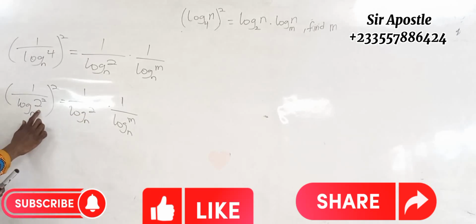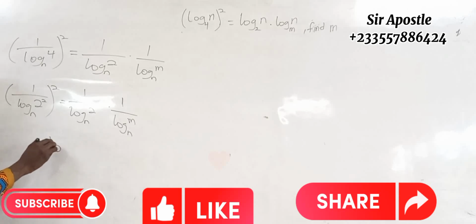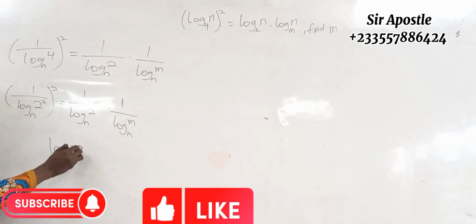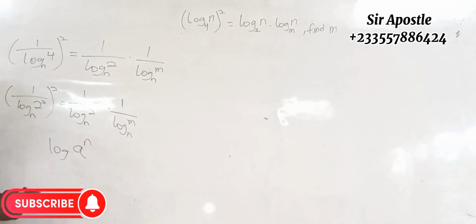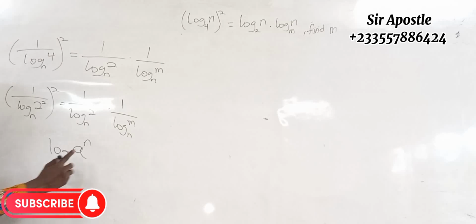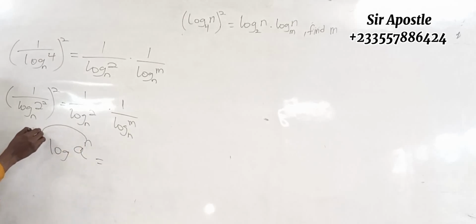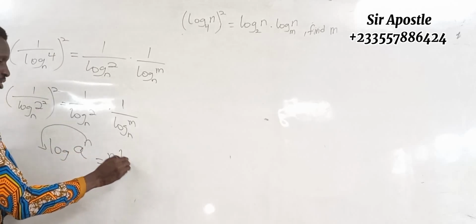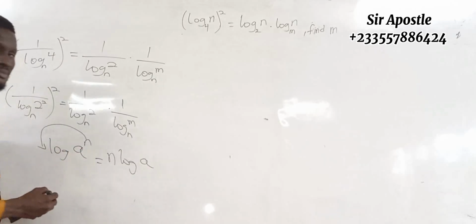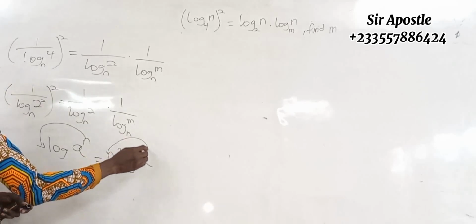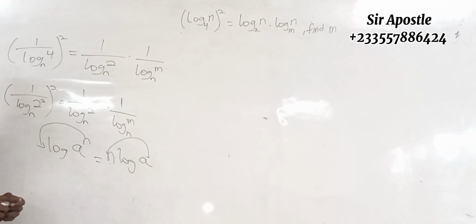So how do we change this one? From one of the properties of indices in logarithm, if I have log a having an exponent of n, I can bring the exponent to the front of the log, which will give us n log a. In the same way, you can bring the n as the exponent of the a.